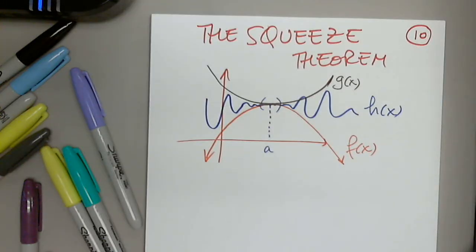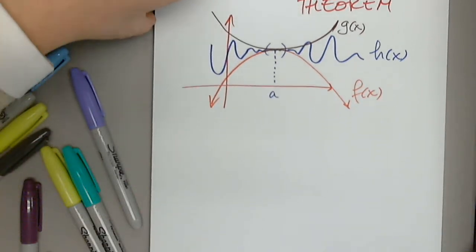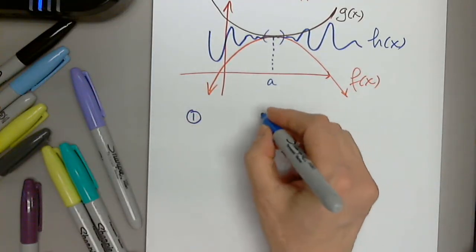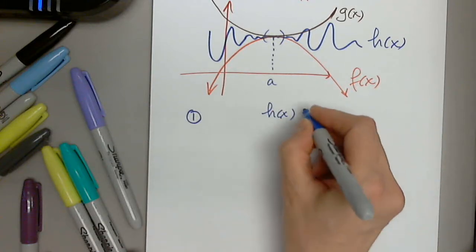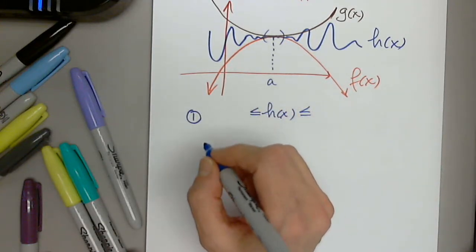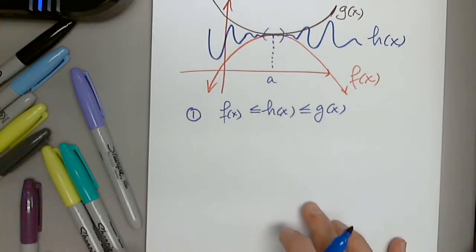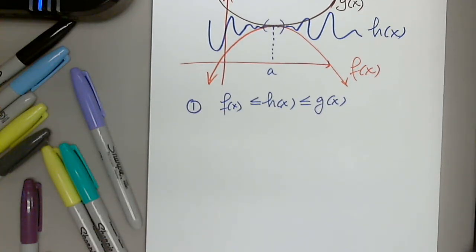Two hypotheses are required here, or the theorem has two hypotheses. Here's the first one, that h of x is squeezed between f of x and g of x. According to the graph, it is.